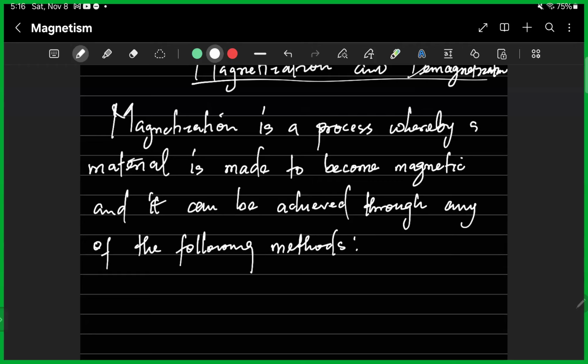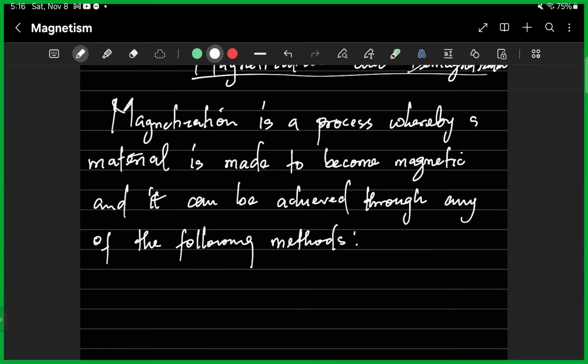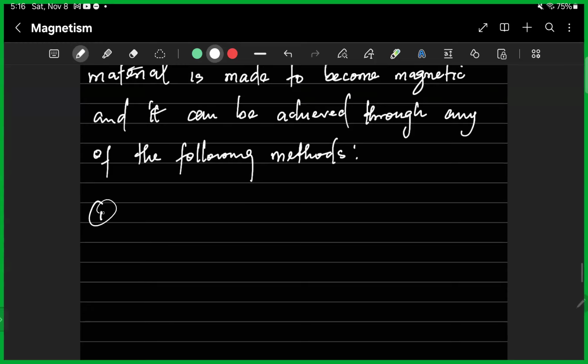Magnetization can be achieved through any of the following methods, but I'm going to start with the electrical method.